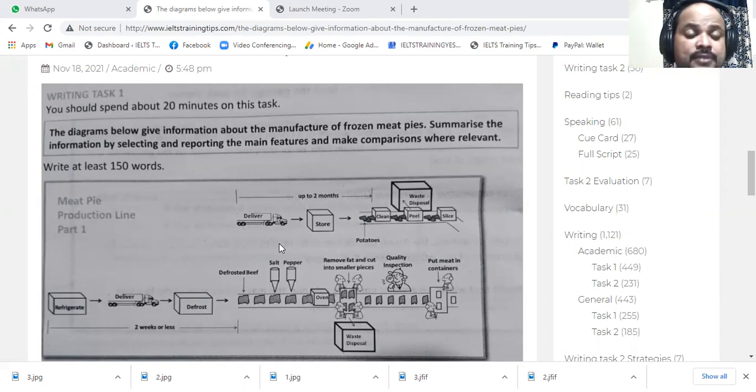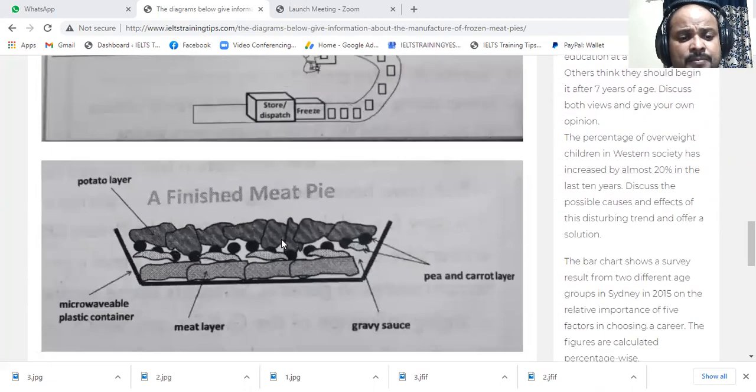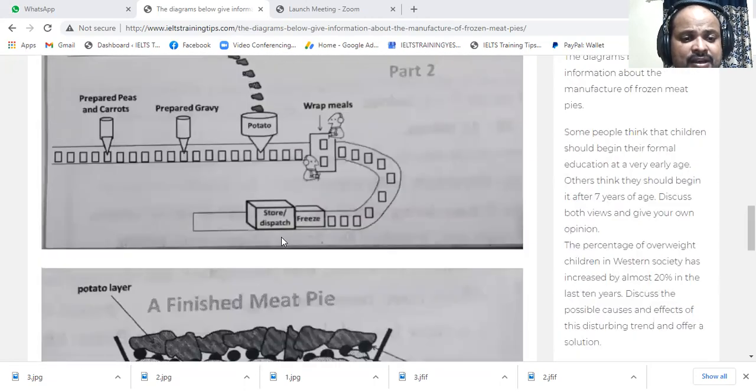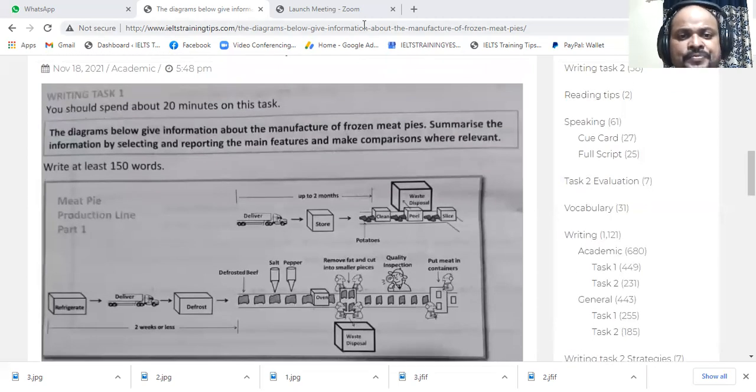You have the first picture here, the second picture here, the third picture here, and we have to summarize these three diagrams into a short paragraph, one or two short paragraphs. So this is the challenge ahead of you right now.